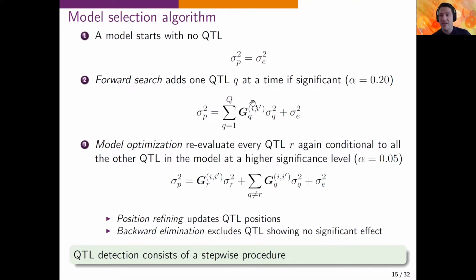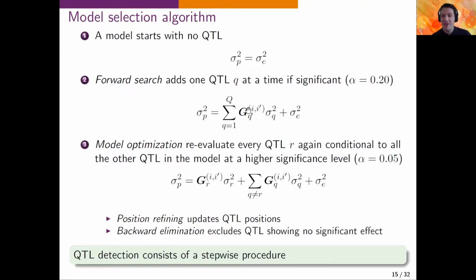Third, we reevaluate every QTL in the model and see if its position needs to be updated, or if it has to be dropped under a less relaxed significance level of 5%. So we allow more QTL at first, but then we test them again under a more stringent significance level, all right?